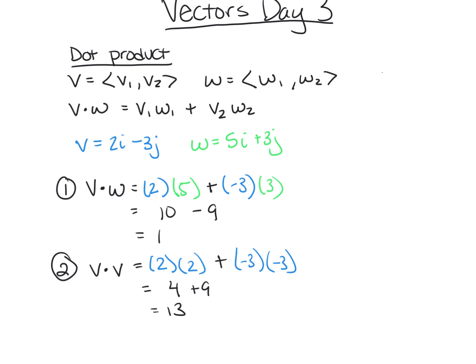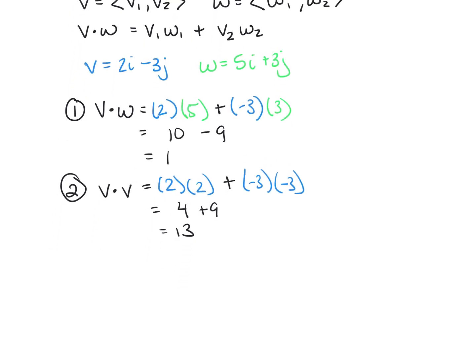Let's try one more. What if we had 2v dot w? So in this case, we'll have 2 times our vector v of 2i minus 3j. We're finding the dot product of that with 5i plus 3j.